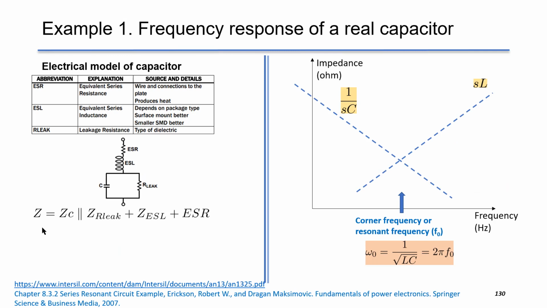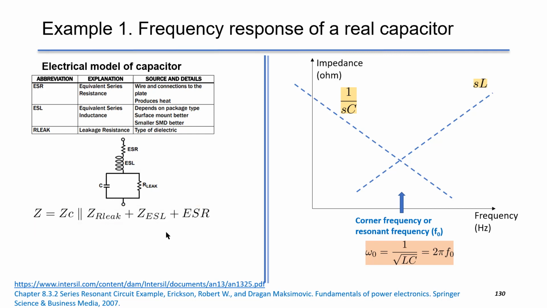In this example, we will show you a real-world model of a capacitor, including the equivalent series resistor ESR, equivalent series inductance ESL, capacitor C, and leakage resistor Rleak. The total impedance Z has three parts, including C and Rleak in parallel plus ESL impedance plus ESR.